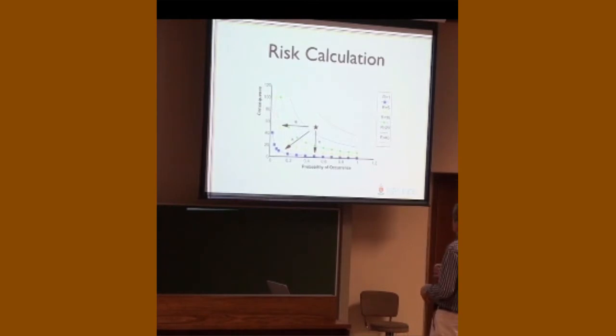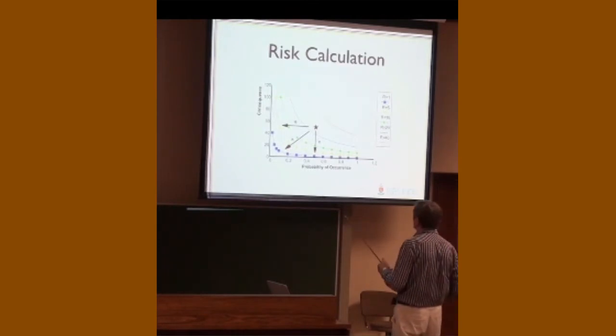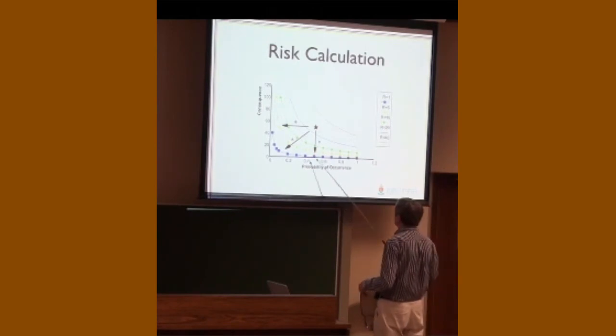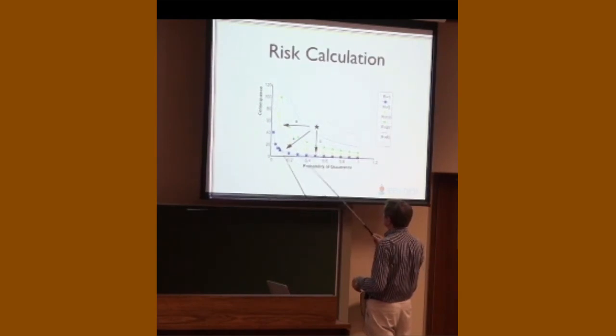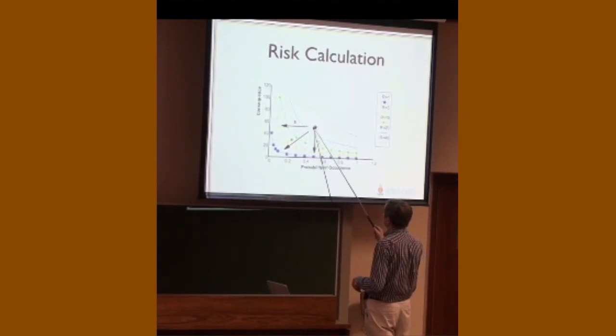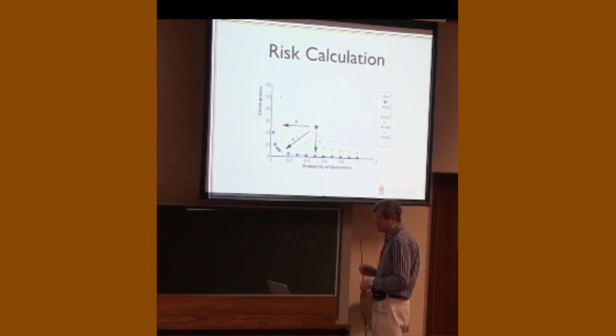The second most one that you would like to go for is this one here, because as we said just now, your consequence is more critical than your probability of occurrence. And then the last one that you will contemplate is that one there.